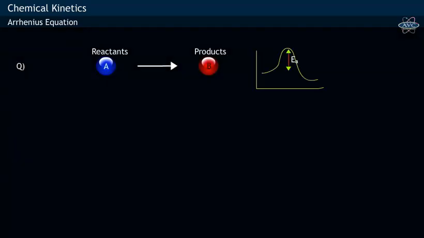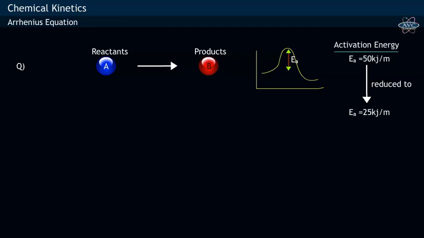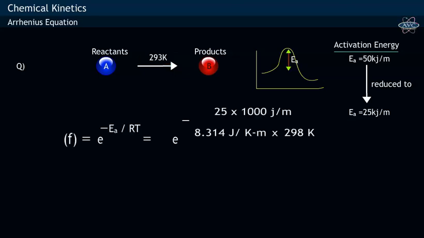Now we shall reduce the activation energy of the chemical reaction from 50 kilojoules per mole to 25 kilojoules per mole, maintaining the same temperature of 293 Kelvin. On redoing the calculation, the value of the fraction equals 3.48 into 10 to the power of minus 5.